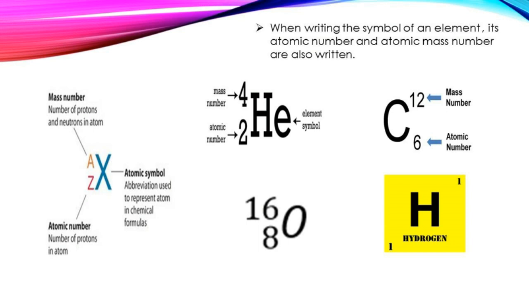So 8 is at the subscript, 16 is at the superscript, and the element symbol is O. Next, for hydrogen, the subscript is 1 and the superscript is also 1. Why? The atomic number of hydrogen is 1 and the mass number is also 1.